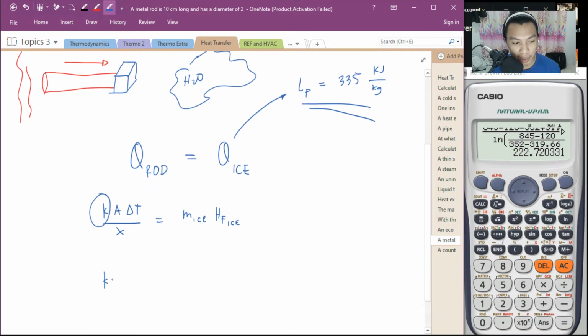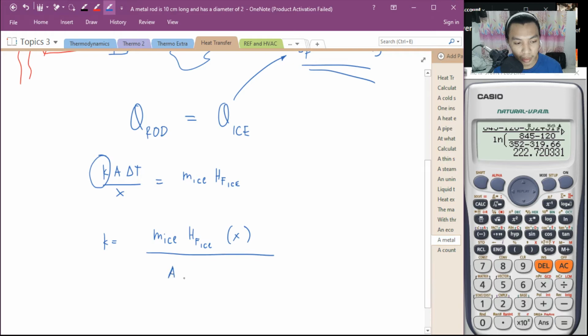That is k. k equals mass of ice times HF of ice. Let's simplify: multiply by x divided by the area, then delta T. We can simplify further: mass of the ice, HF of the ice, times x divided by the area, pi over 4 D squared, delta T.